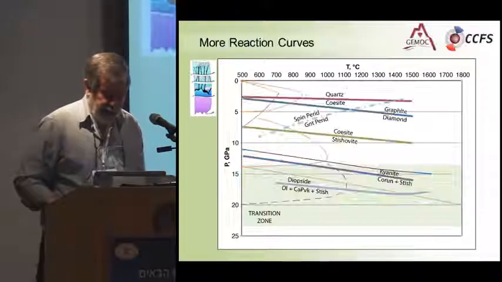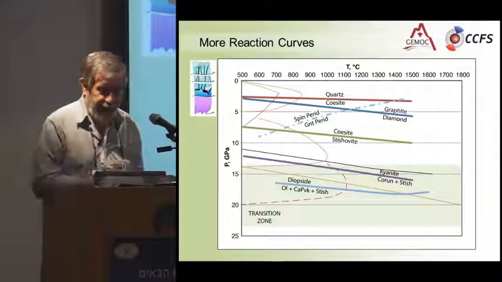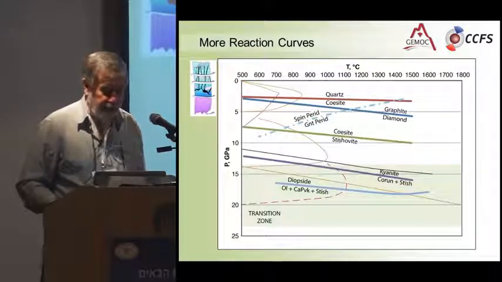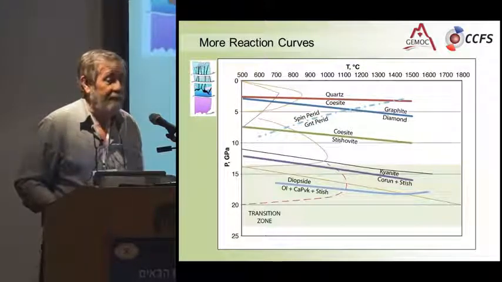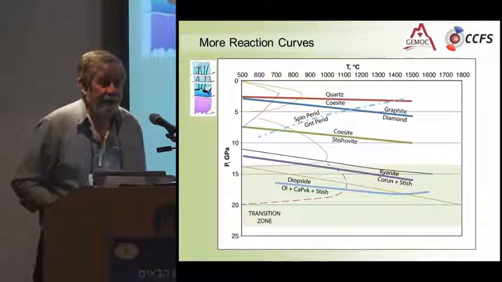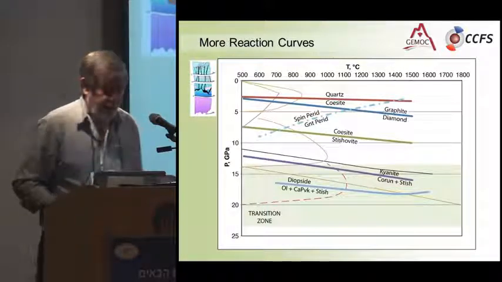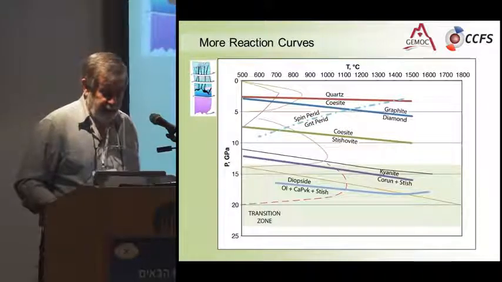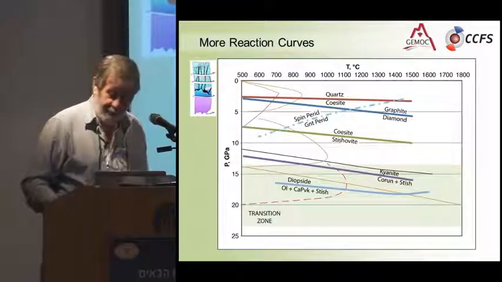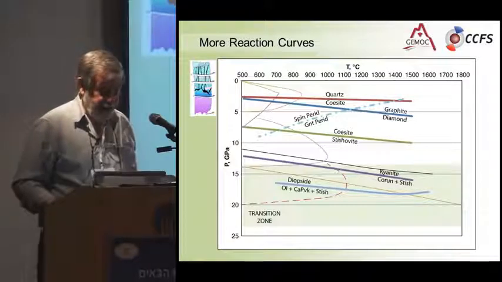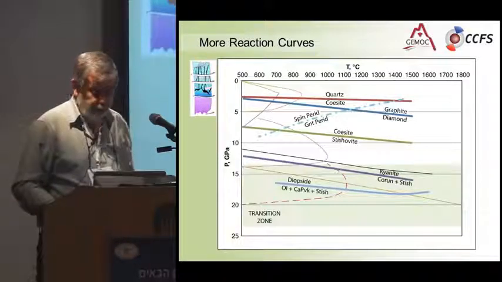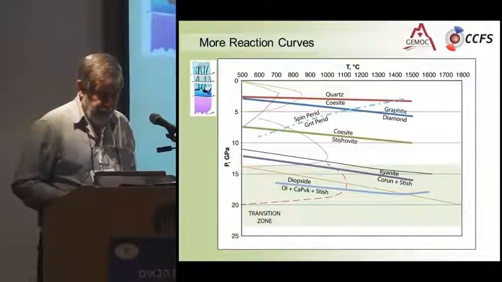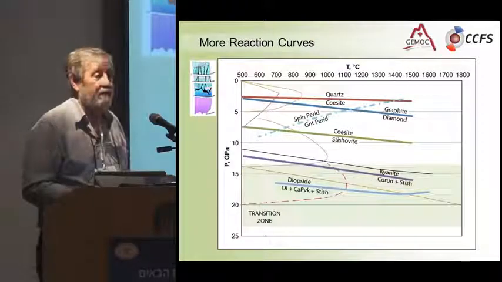Now, if I just blank out those lines, there are a few other things we can use. We know we have to be deeper than the diamond-graphite stability curve, and we also have the coesite-stishovite line there, and a few other lines that we can put on here. For example, this is kyanite going to corundum plus stishovite.